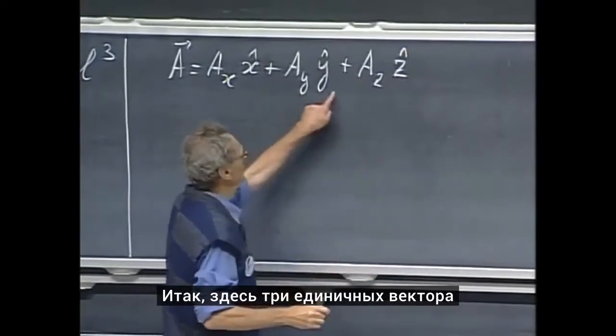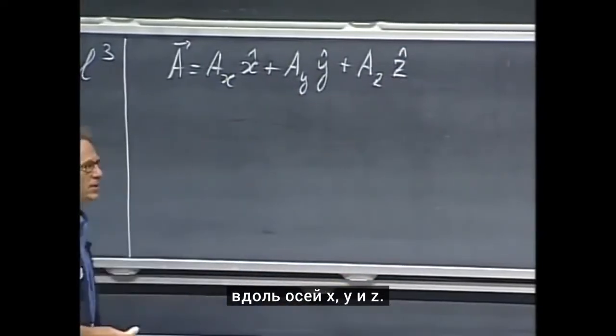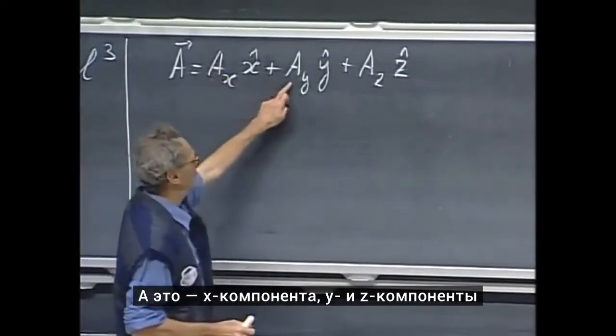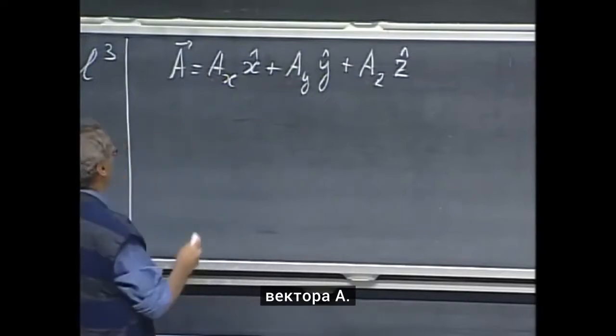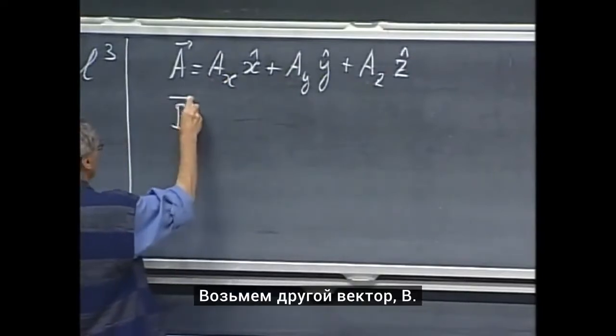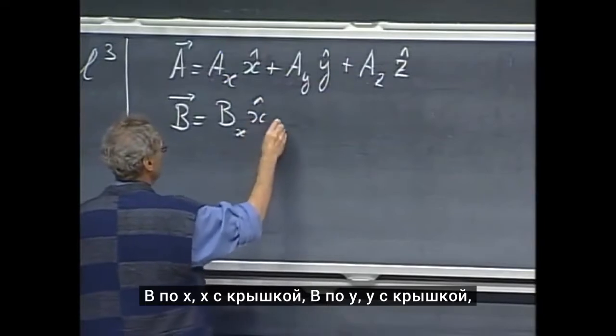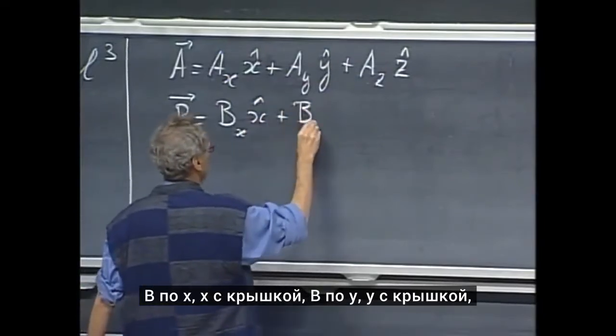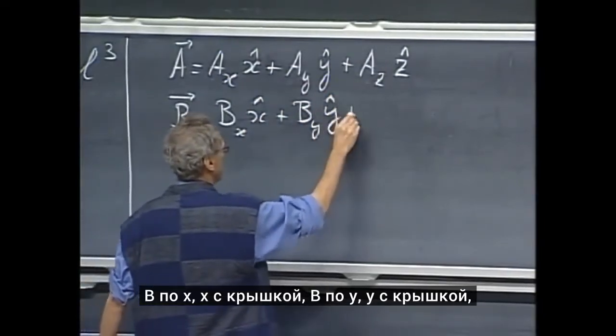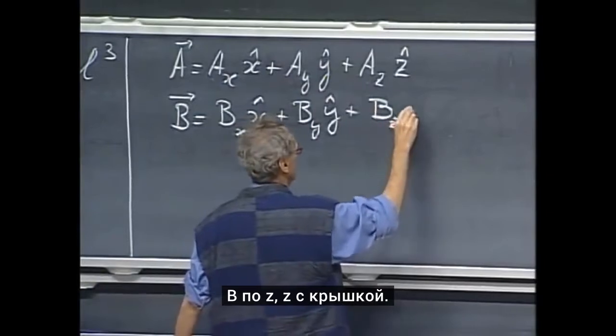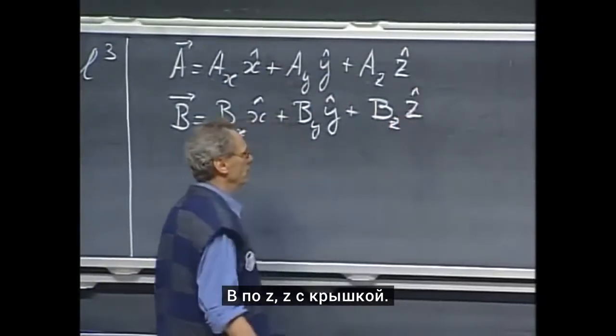So these are the 3 unit vectors in the X, Y, and Z direction, and these are the X component, Y component, and Z component of the vector A. I have another vector B, BX X roof, BY Y roof, BZ Z roof.